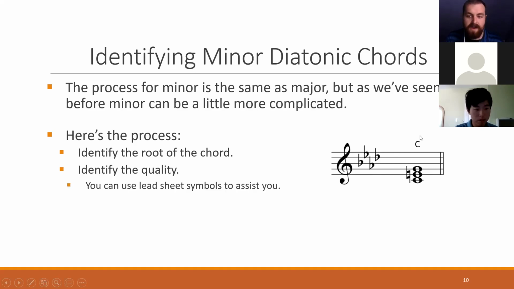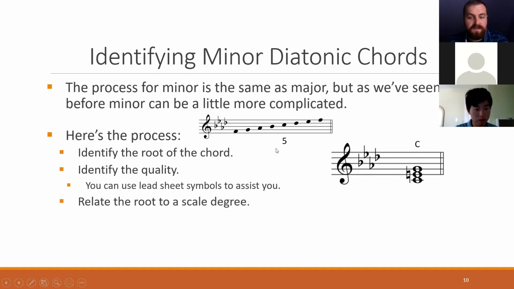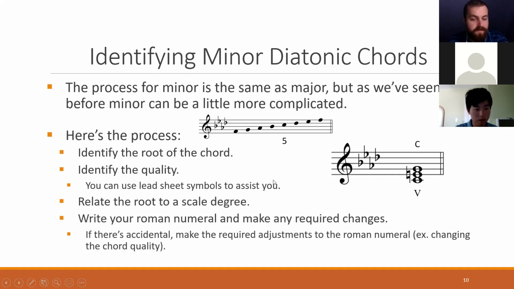Well, look at that. We have our lead sheet symbol, a floating C. This is a major chord. We know that E natural is there because the 7th scale degree of F, which is E, is typically raised in minor. That happens a lot. Think of the root. Well, if C is the root, we have 1, 2, 3, 4, 5. C, the 5th scale degree of F minor.